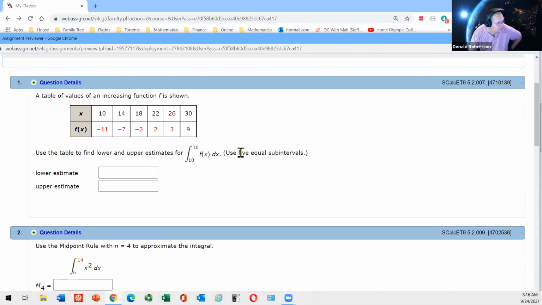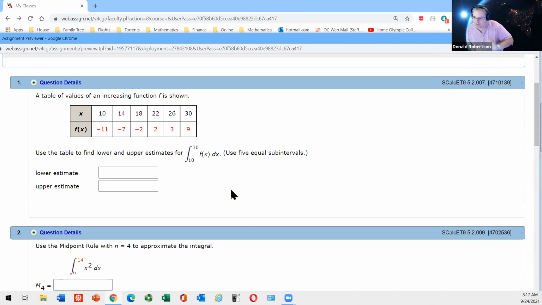equal subintervals, just another way of saying 5 strips, right? So you're going to find the area of this curve from the beginning to the end, and you're going to do 5 strips. And it says lower estimate and upper estimate. What do you think you're going to do to get a lower estimate and an upper estimate? There's 5 methods you can use: left 5, right 5, mid 5, trapezium 5, Simpson 5, right?